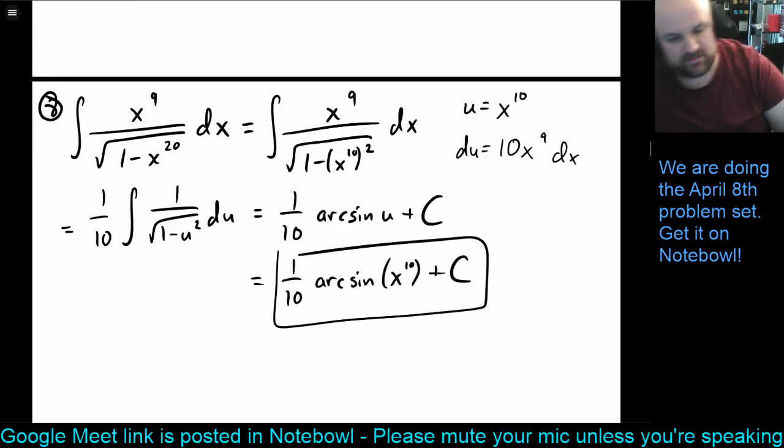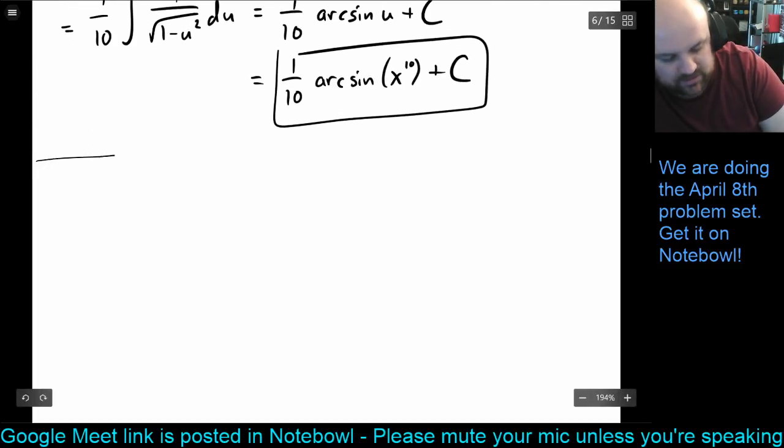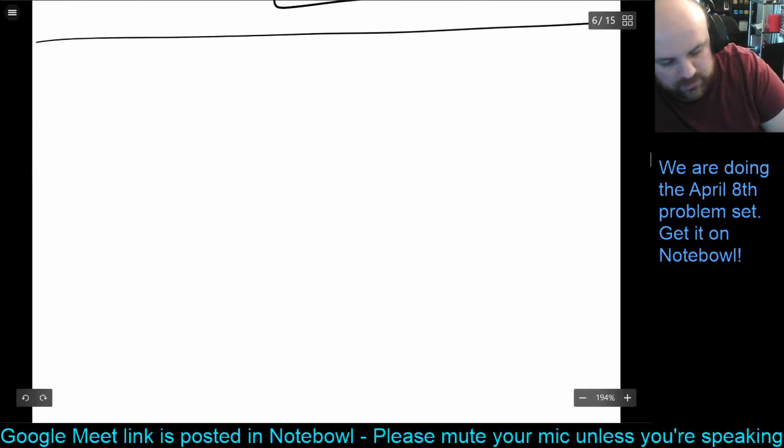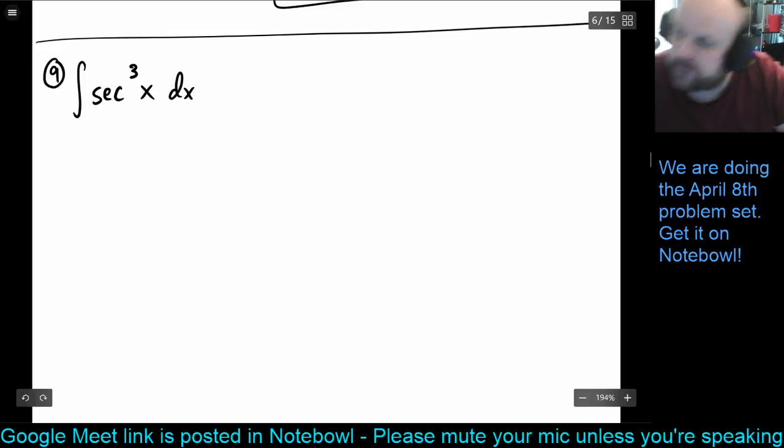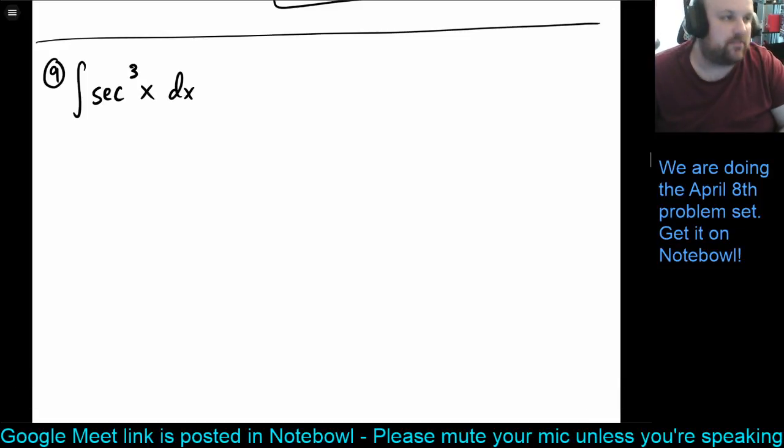So I really want to do this last integral here. Go ahead and move on to that. Just let me know if you have any questions. So this last integral here, secant cubed, this one's a bit interesting. We don't have anything to deal with secant cubed directly, but we know how to integrate secant squared.